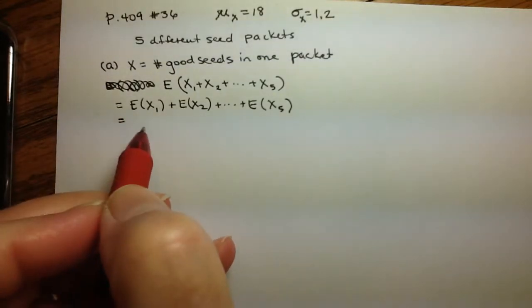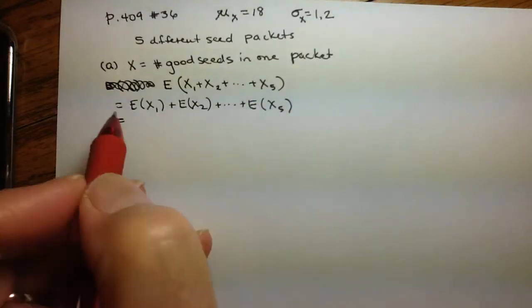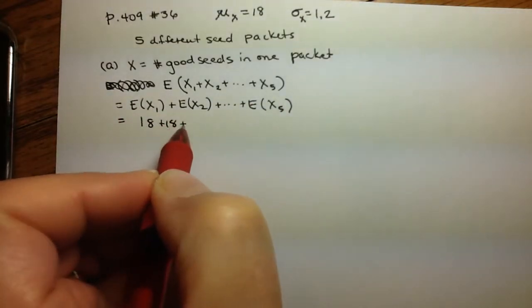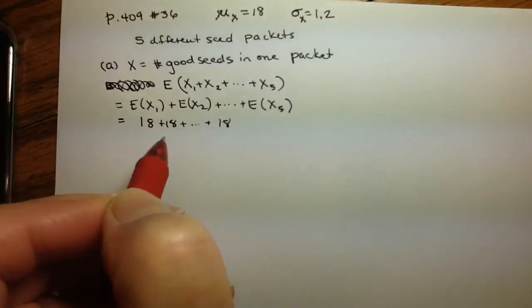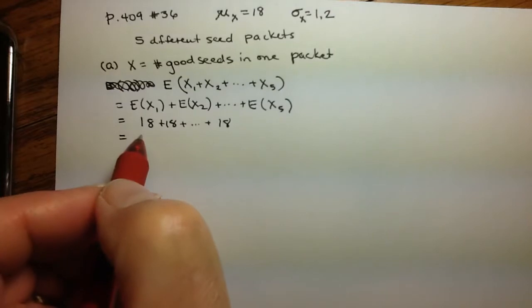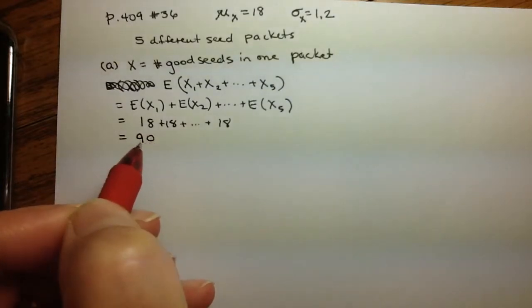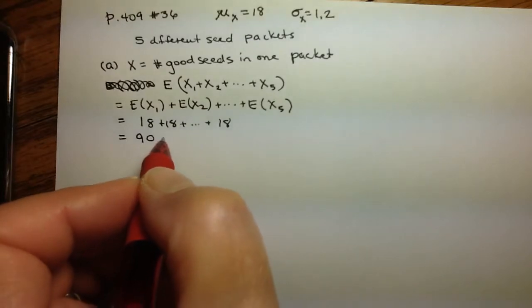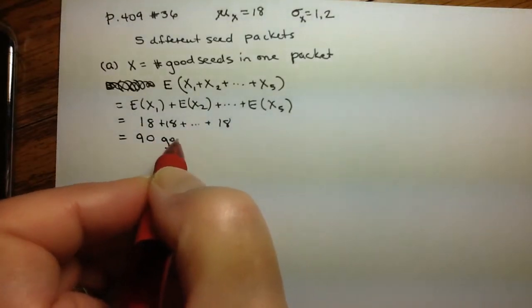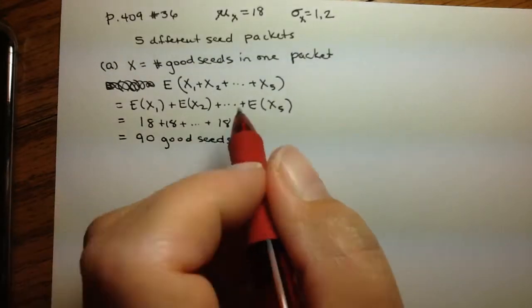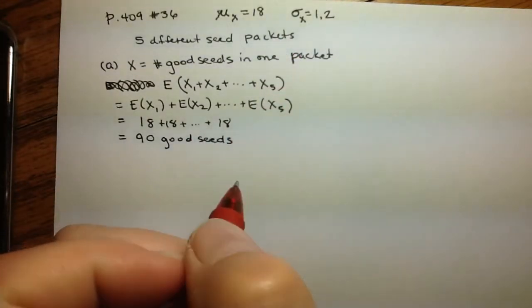The mean of X is 18, so this is just 5 18s added together. So 18 plus dot dot dot plus 18. In our calculator, the quickest thing to do is 5 times 18, and that's equal to 90. We actually have a context this time, so let's put our context back. So that means 90 good seeds can be expected if we buy 5 packets on average.